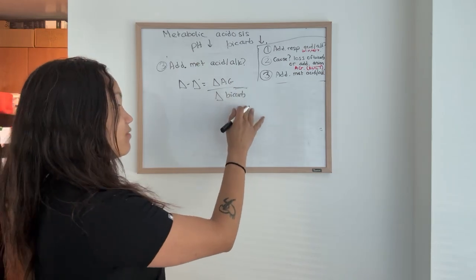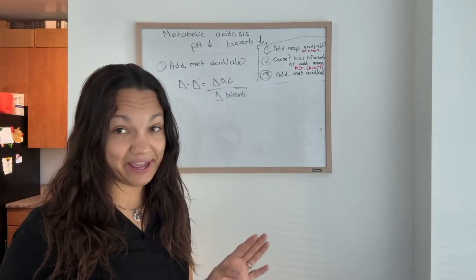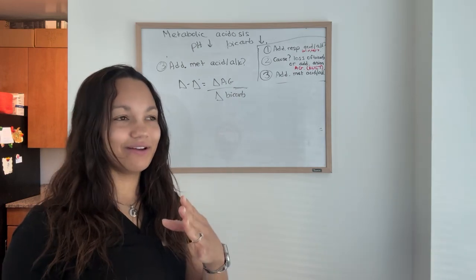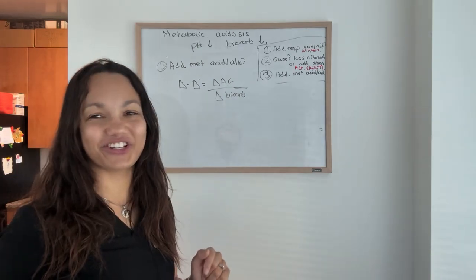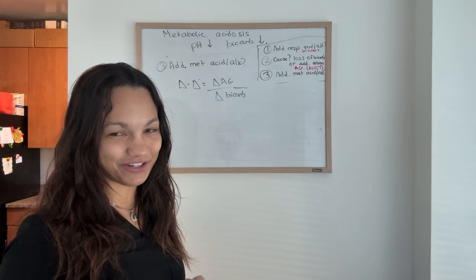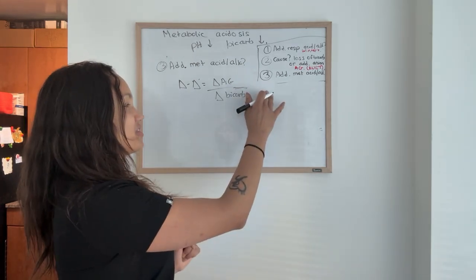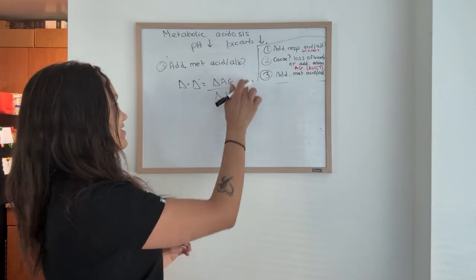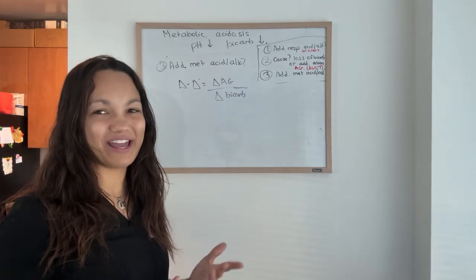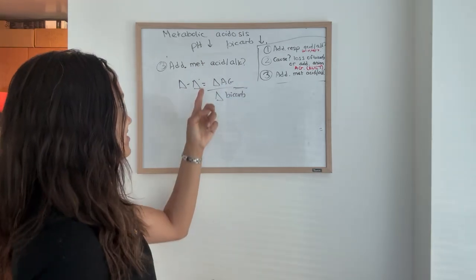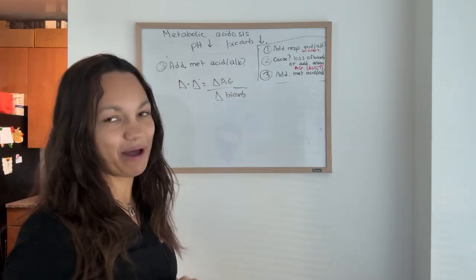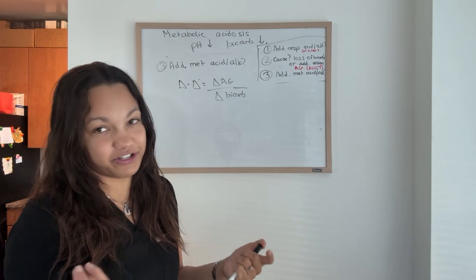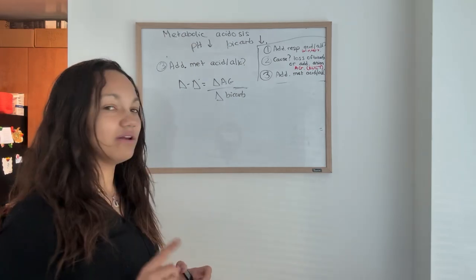If it's less than 1, they say, and I find this not as intuitive, that there's an additional normal anion gap metabolic acidosis. If it's more than 2, it's an additional metabolic alkalosis. The way I do it, I feel like it's more intuitive, so I just say the change in anion gap should be about the change in bicarb. If the bicarb's off from that, that's how you know that there's an additional process going on.